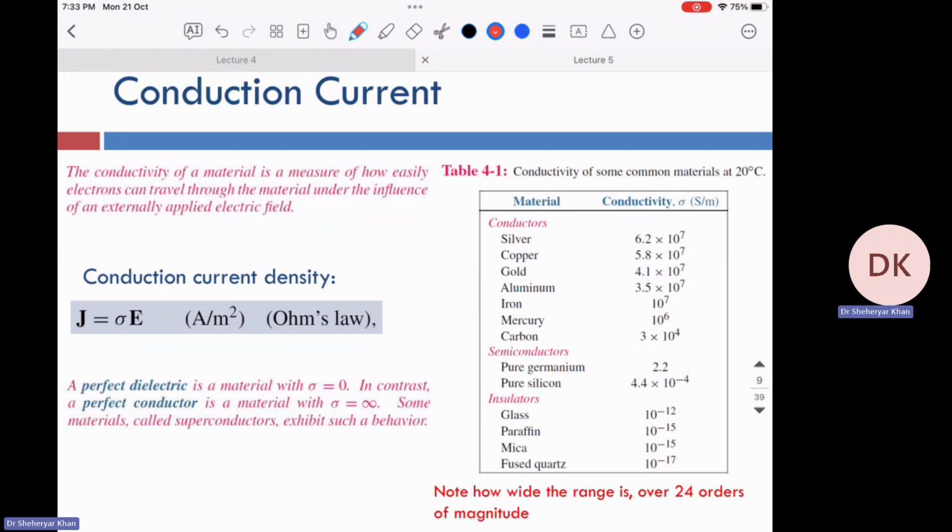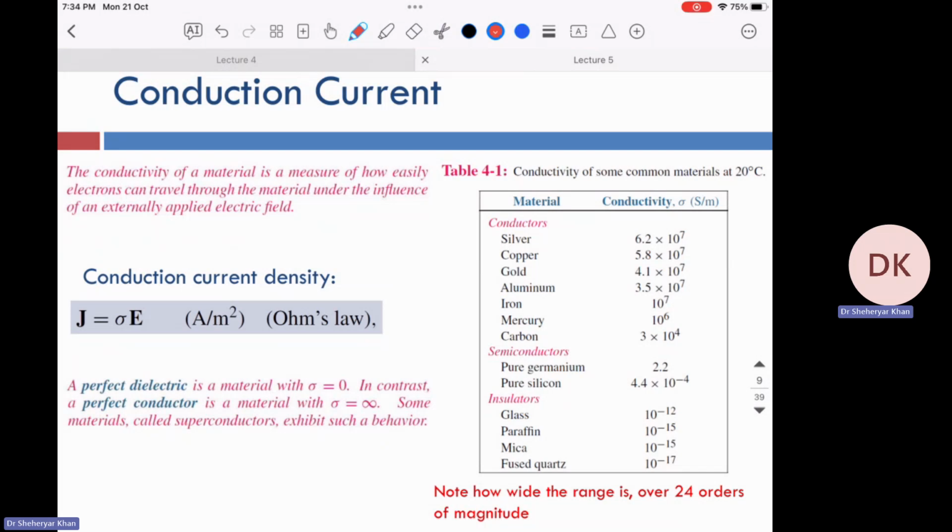Now, we can see the conduction current. I'm saying conduction current, not the other currents that are due to the physical motion of the conductor. So not the convection, just the conduction current density is equal to conductivity times electric field, J = σE.